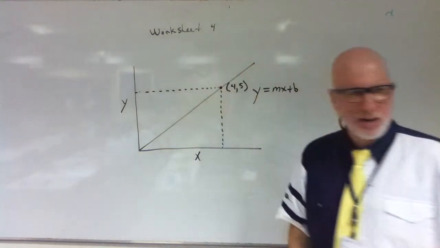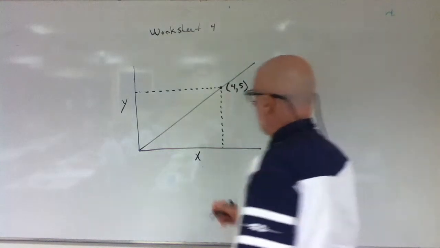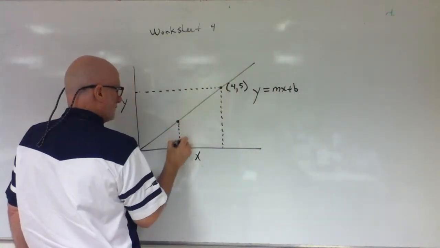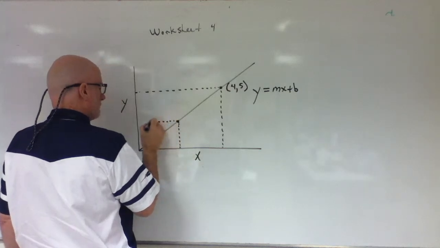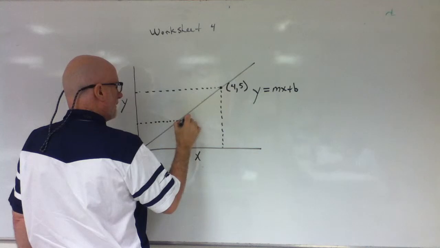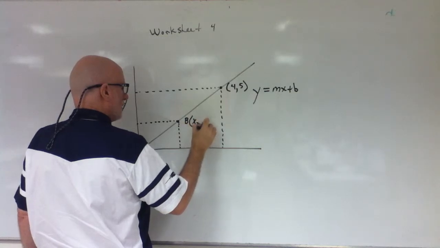Is that okay? Let's say I have another point here, and this point is going to be called B. And it's going to be x2, y2.